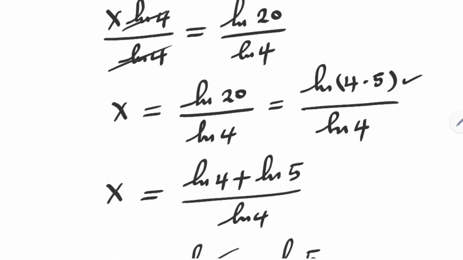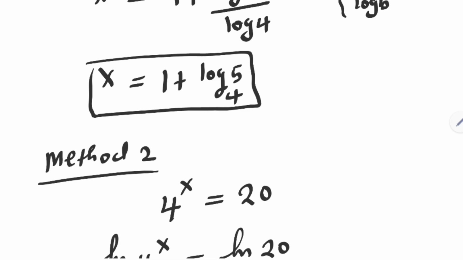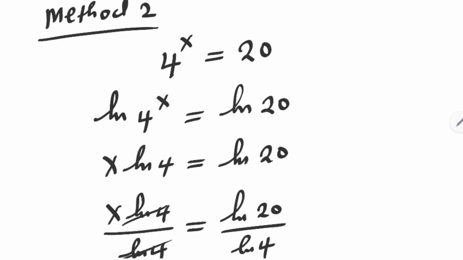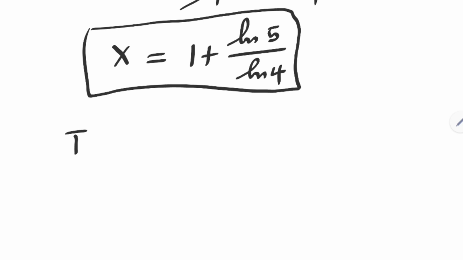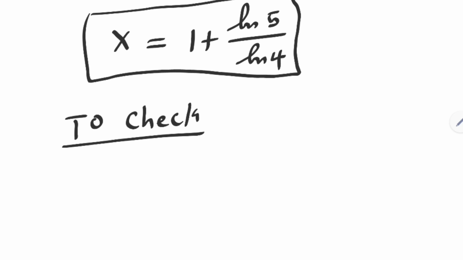We may check to confirm if this answer is right or wrong. Let's check. To check, we have the given equation 4 raised to power s is equal to 20.